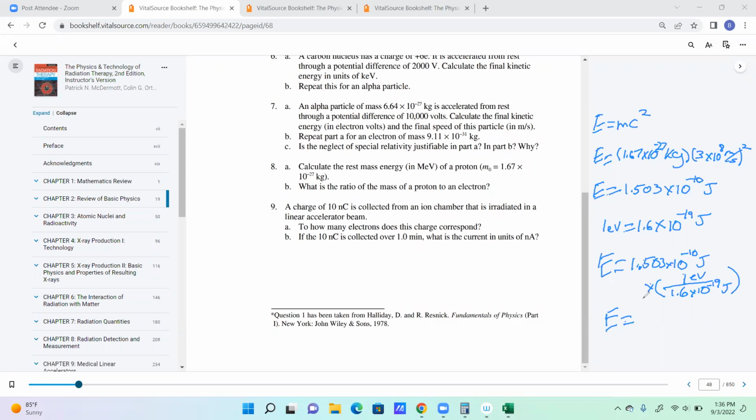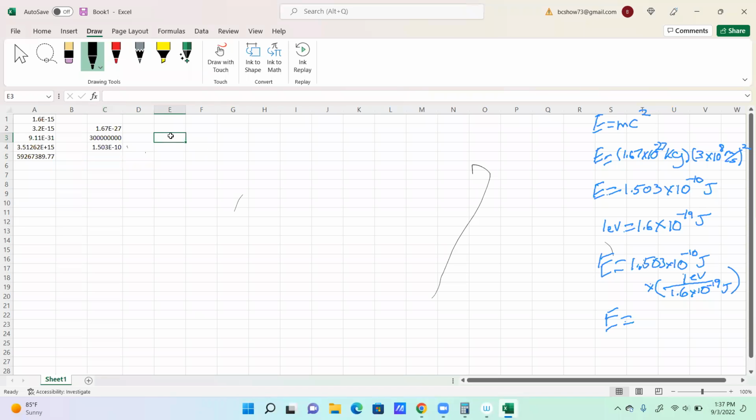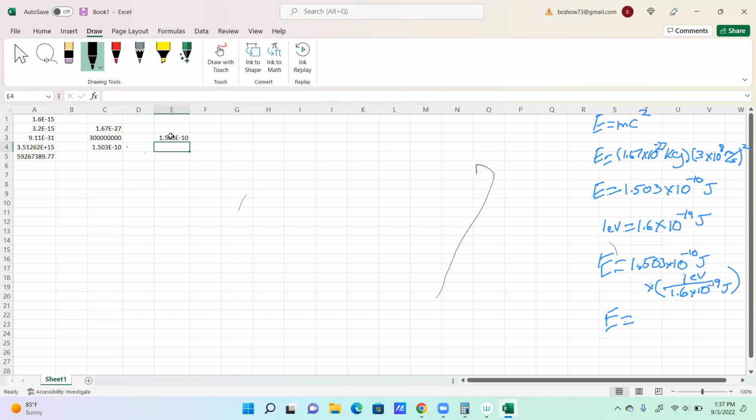So what does that equal? Well, go back to Excel. Equals 1.503 times 10 raised to the minus 10th, and on the bottom I'm going to take 1.6 times 10 raised to the minus 19th.